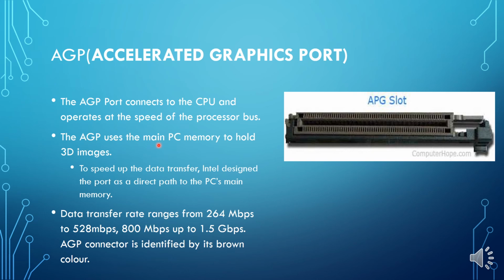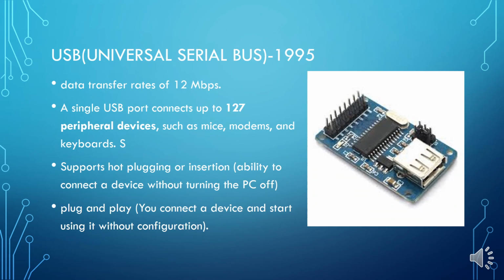The AGP uses the main PC memory to hold 3D images. Why was it introduced? To handle 3D images, or you can say high quality graphics. Data transfer rate is 264 Mbps to 528 Mbps, 800 Mbps to 1.5 Gbps. AGP connector is identified by its brown color.